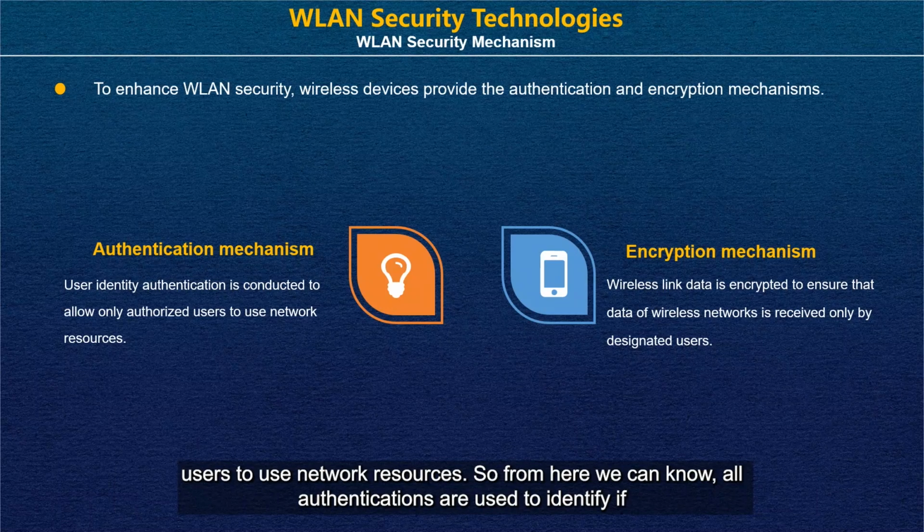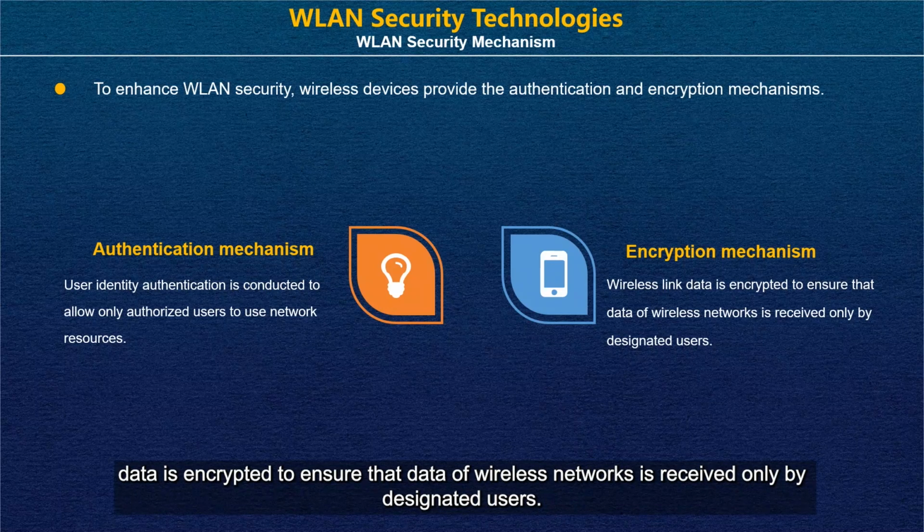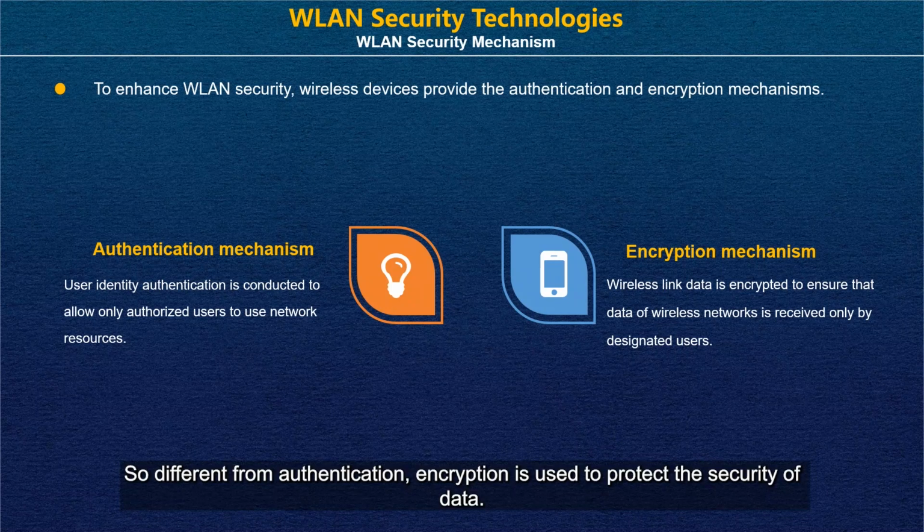So from here, we can know authentication is used to identify whether the user is allowed to use the network or not. Next, for the encryption mechanism, wireless link data is encrypted to ensure that data of wireless networks is received only by designated users. So different from authentication, encryption is used to protect the security of data.